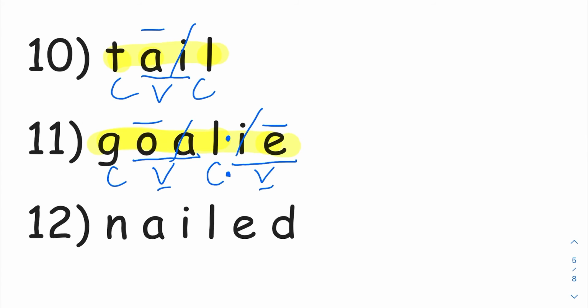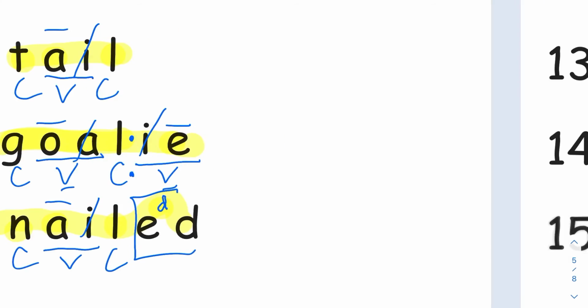Good. This one we see the suffix ed at the end of a word. So we have our base word, nail, and then really you just hear the ed says ed or t, and you really just hear that d, nailed, past tense.